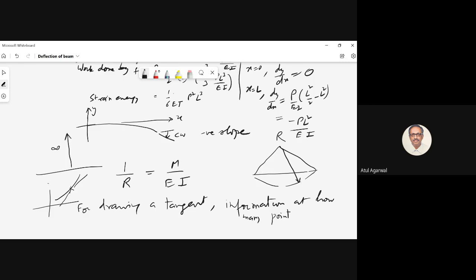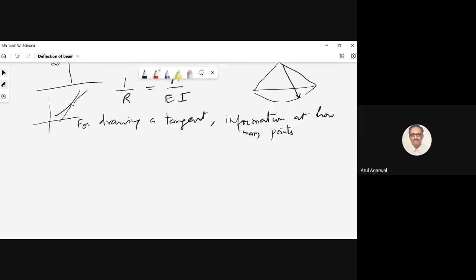How do you draw a tangent? 2 points. Yeah, very good. So basically, when you draw a tangent, you choose 2 points and you draw a chord. You keep bringing these 2 points closer and your chord becomes a tangent to the curve.